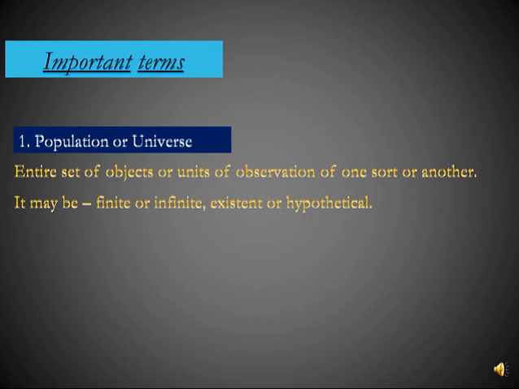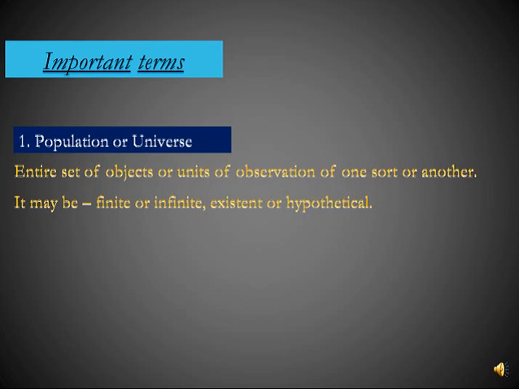Similarly, the population of stars, the population of mosquitoes in some city, the population of flowers in Mumbai, or the population of insects in Delhi are all infinite populations because you cannot count them. A population may also be regarded as existent or hypothetical. A population consisting of real objects is known as an existent population.